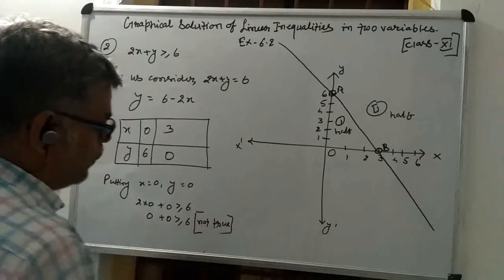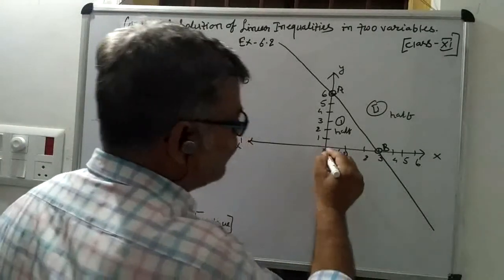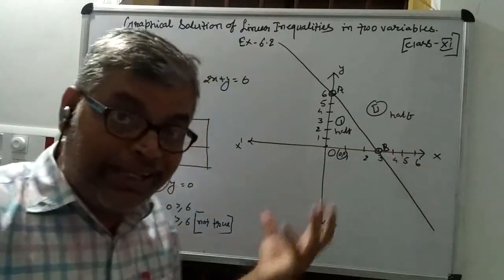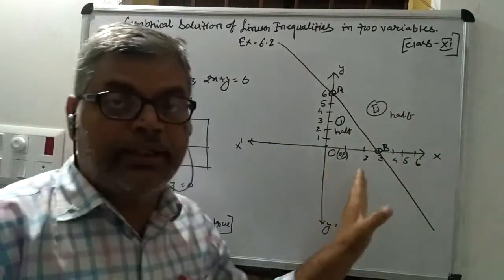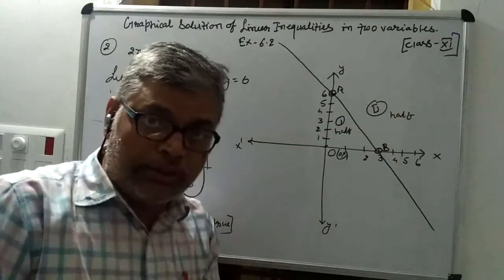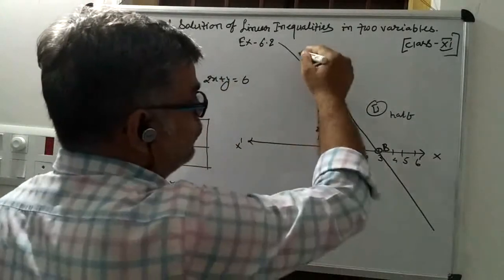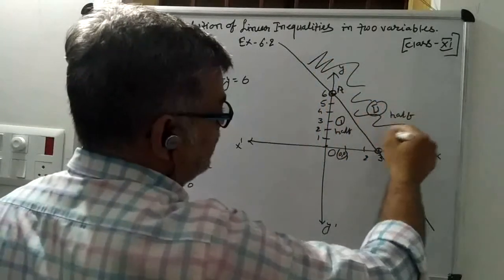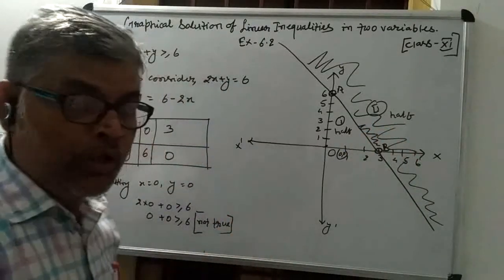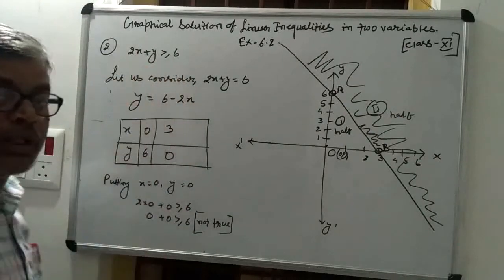Since it is not true, it means that the point 0, 0, the origin, is here. It means the region containing the origin is not the solution region of this inequality. It means the first half is not the solution region. So your solution region will be the second half, and the points on the line also are the solution of this inequality because there is an equal to sign here.